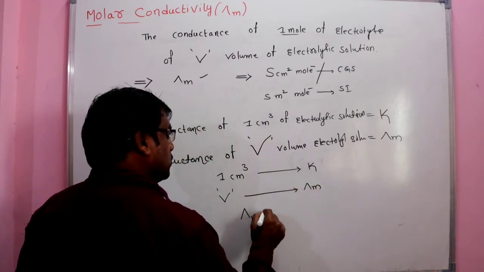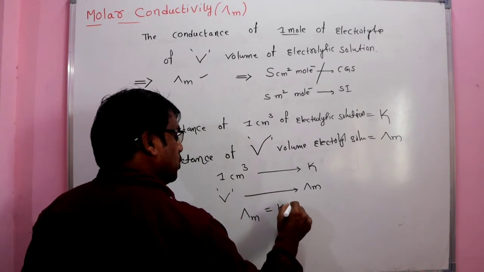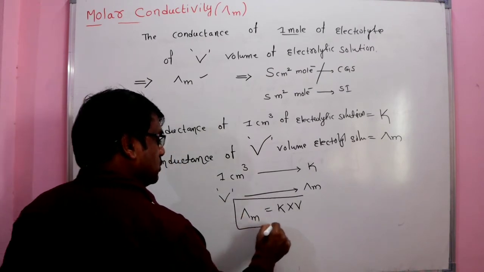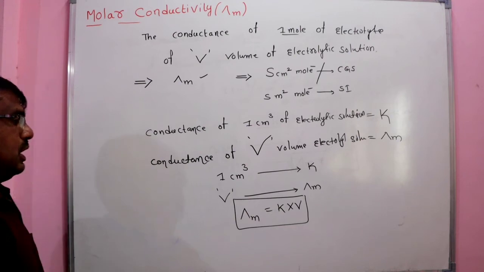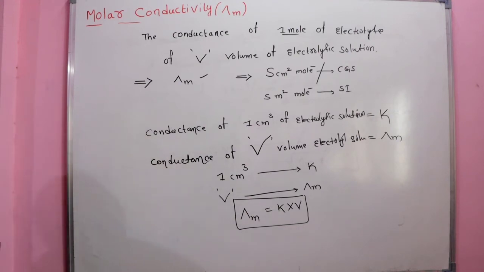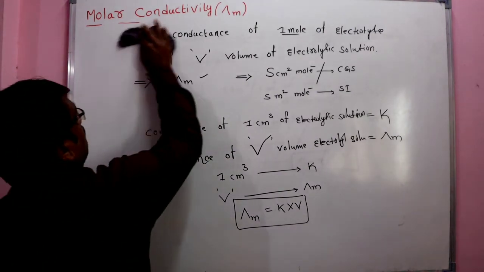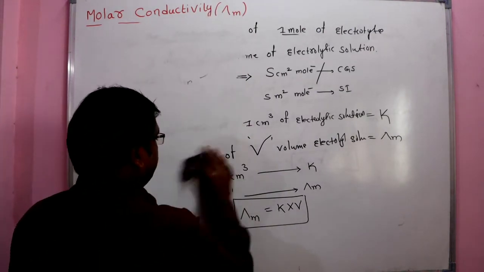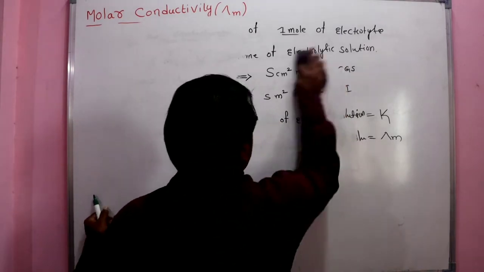Then lambda m is equal to K into V we can write. This is the formula we have. Lambda m is equal to K into V. Now I am going to derive one more formula. Look at here how I am going to derive.